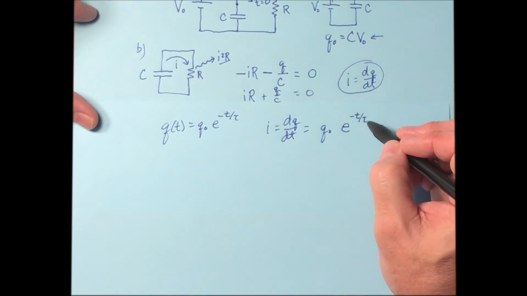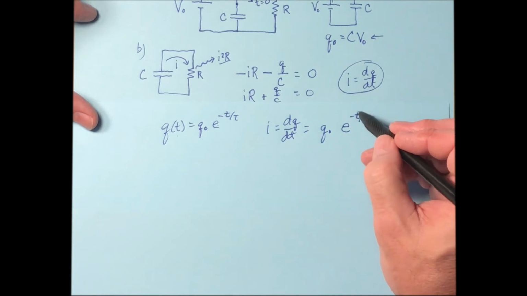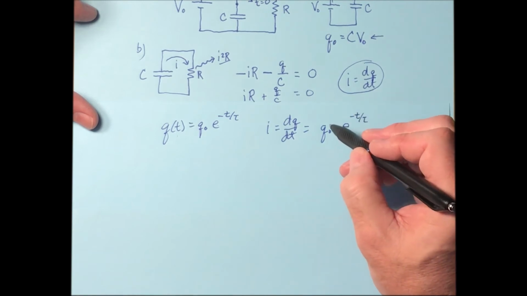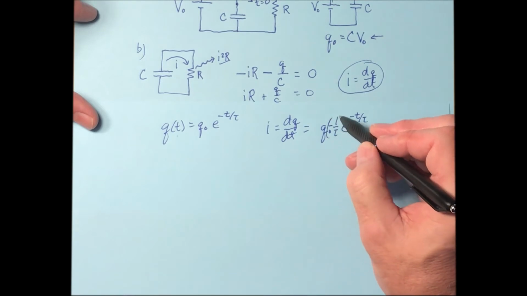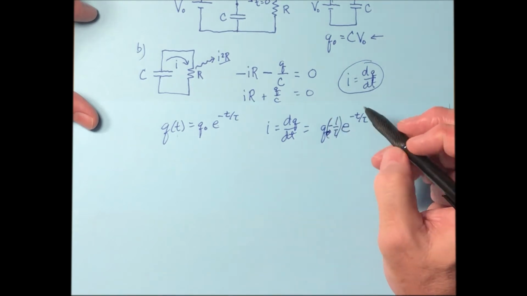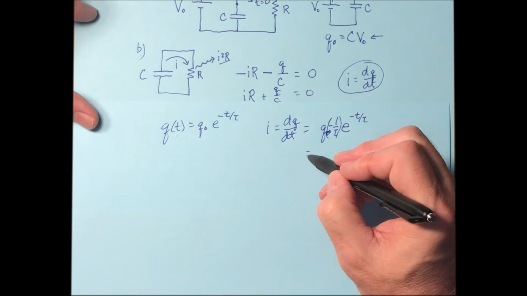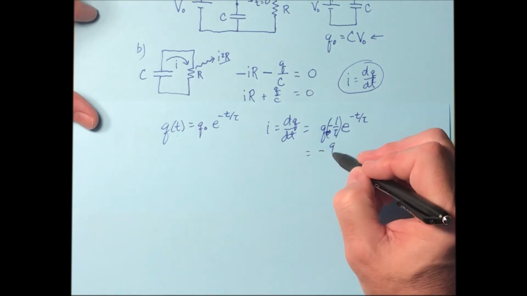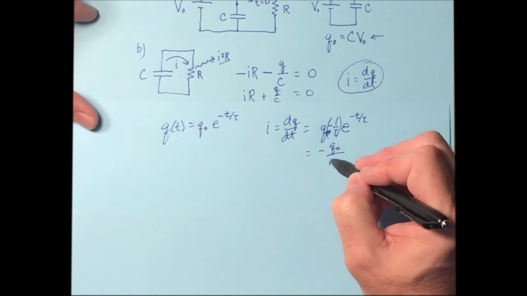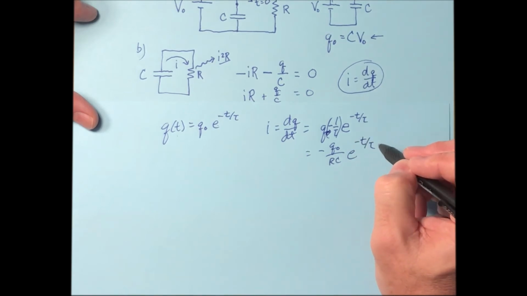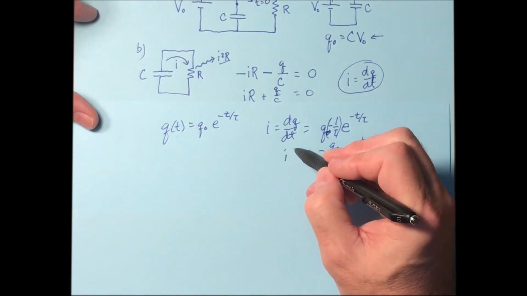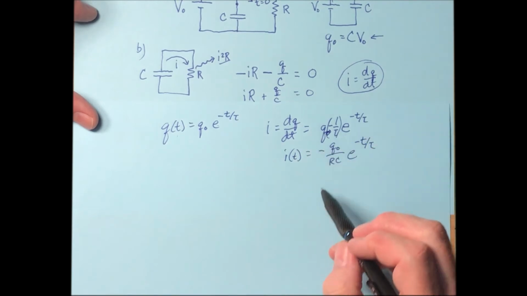Now multiply by the derivative of what's up here. So the derivative of that's going to be minus 1 over tau, in parentheses. That Q naught goes over there. So what is that? That's negative Q naught over RC e to the negative t over tau. So this is the current, and you can see that that's going to be a function of time as well.